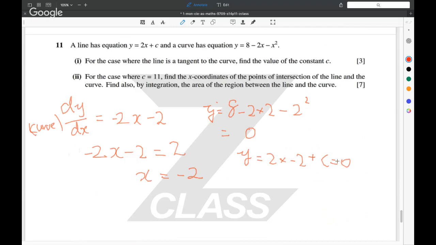Wait, I think I've done something wrong here. Yeah, so because it's minus 2 here, so it will be a plus sign here. So y would be 8 for the curve, and so there should be 8 here. And that will give you c is equal to 12.